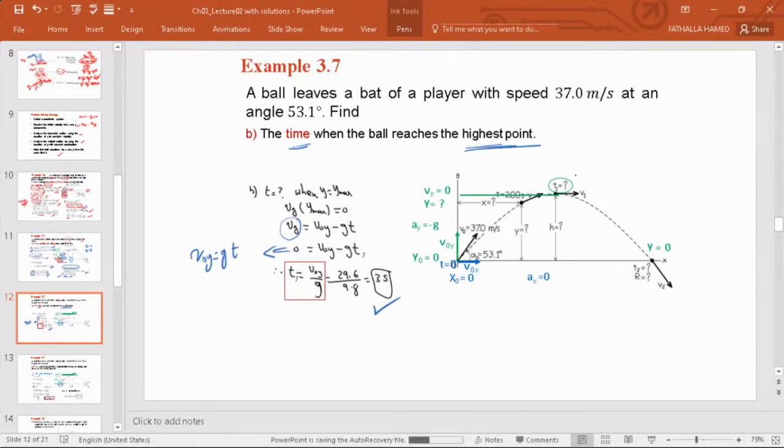So to reach the maximum height, it will require 3 seconds. Now it will take another 3 seconds to reach this point here as well. So you can say the time for the trajectory will be 6 seconds if we ask you to do that. But remember, if it hits here, but if it continues, then you have to add that time as well.